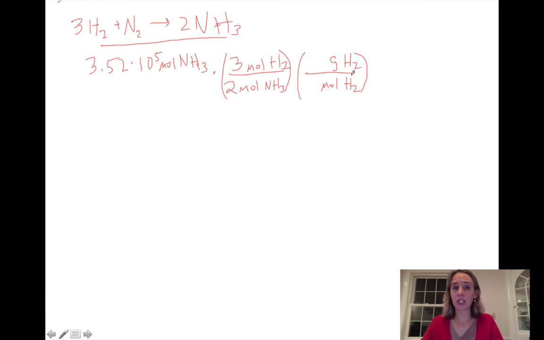The molar mass of hydrogen is 2 times the atomic mass of hydrogen, because there's 2 atoms in each of these molecules, and that ends up being 2.02 grams for every 1 mole. So now our moles of ammonia cancel, our moles of hydrogen cancel, and we're left with grams of hydrogen. And that calculation ends up coming out to 1.15 times 10 to the 6th grams of hydrogen.